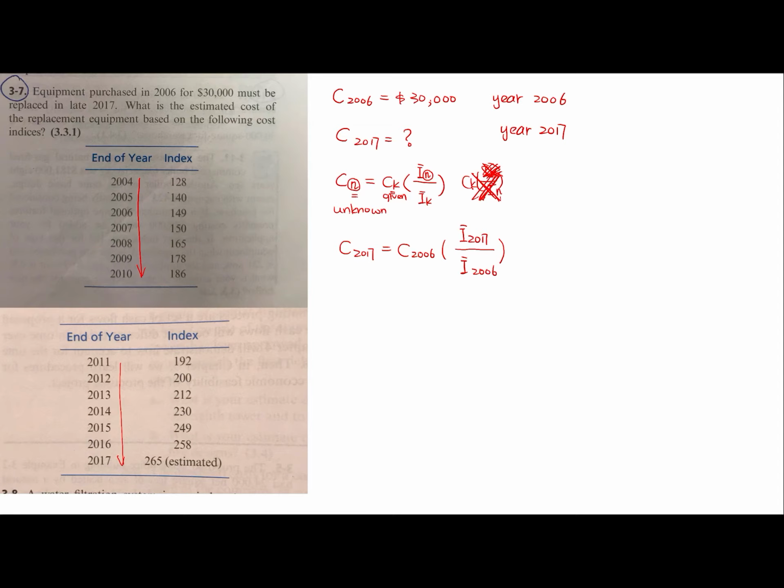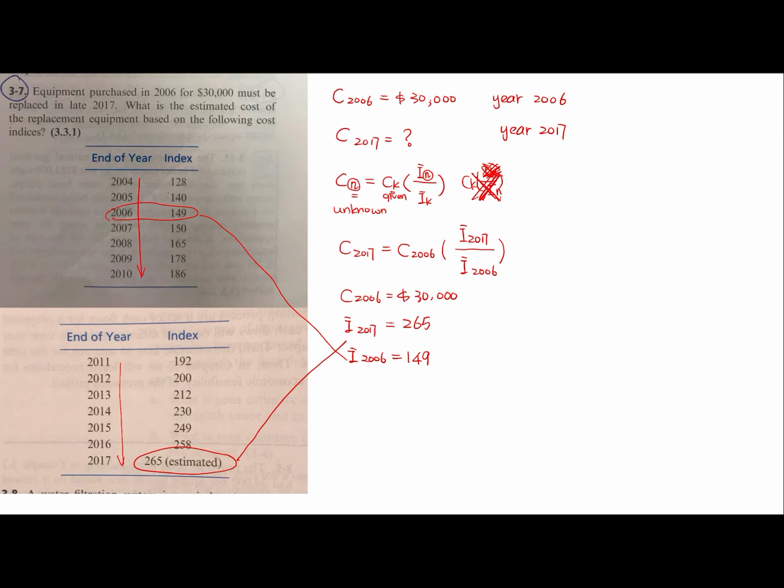So C 2006, we already know that it's 30,000. And index 2017, what is that? It's this, right? So it's 265. And your index in 2006 is this, 149.